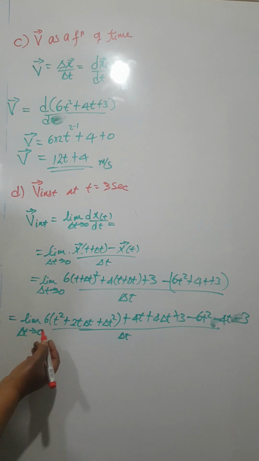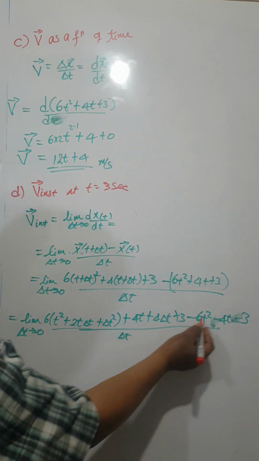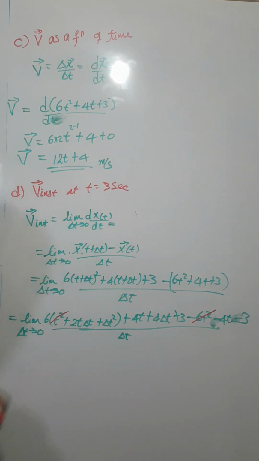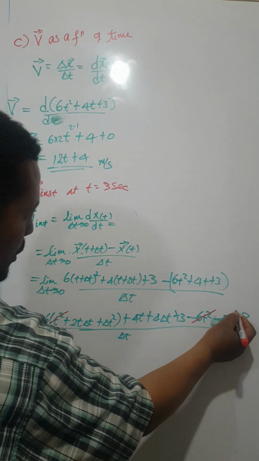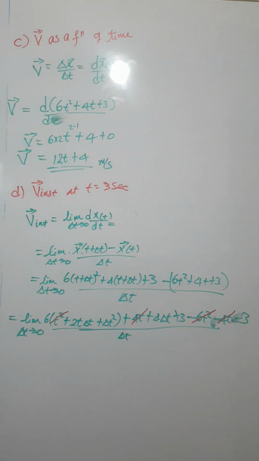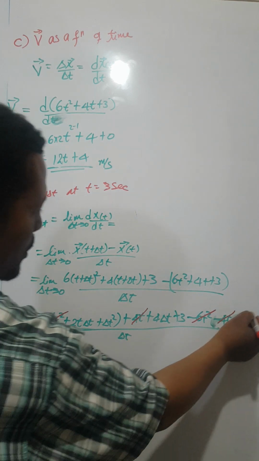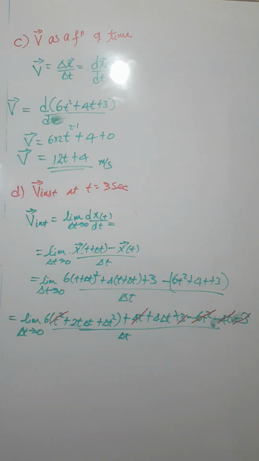Now here, the 6t squared is cancelled. Again 4t is cancelled, and 3 is cancelled out.